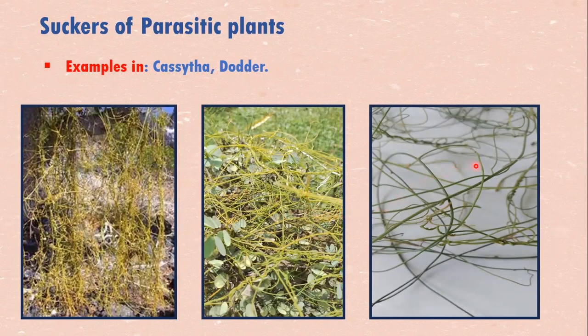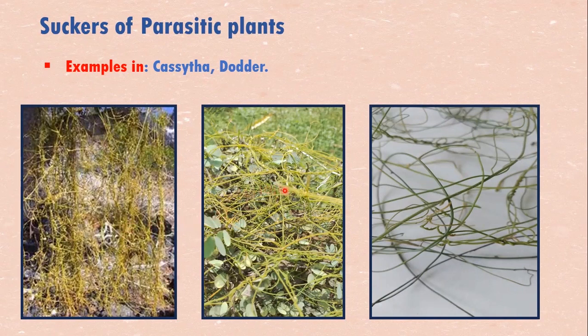So we tried to remove part of this wiry thing, and this part, for instance, was attached to part of the host, a small stem. Some of the Dodder, or Cuscuta, are very yellow, completely yellow, and those are complete parasites. They take nutrients, water, mineral salts, and food from the host.